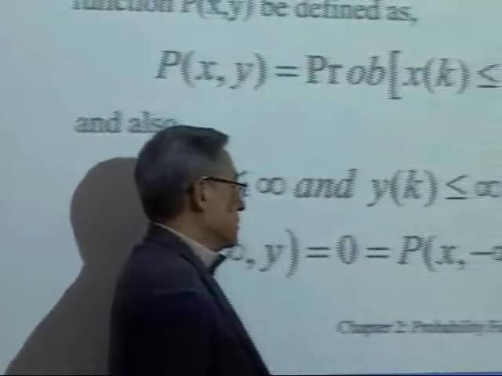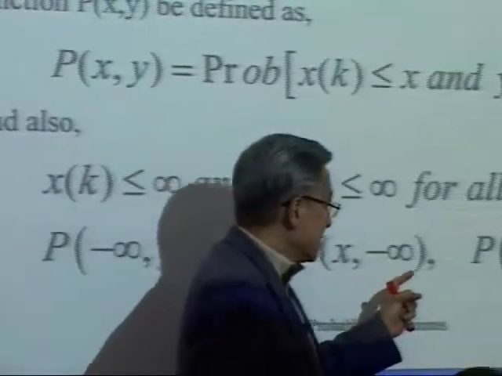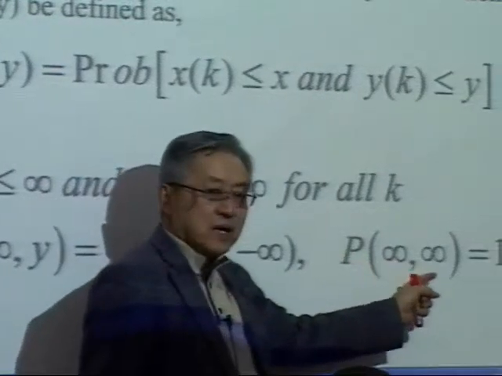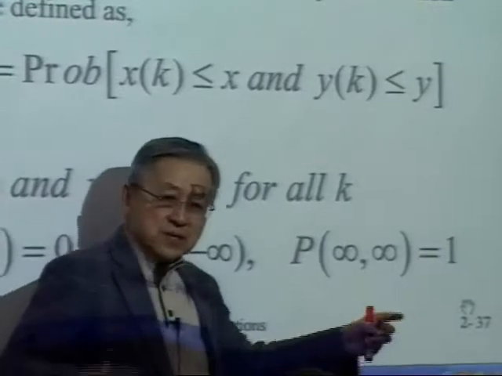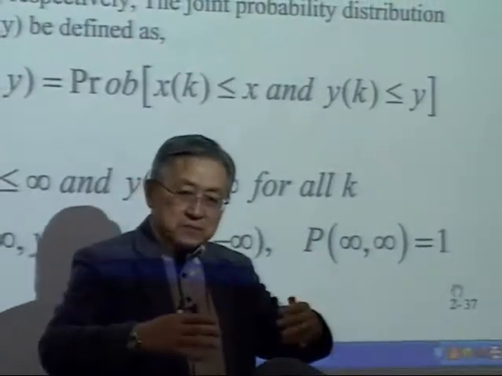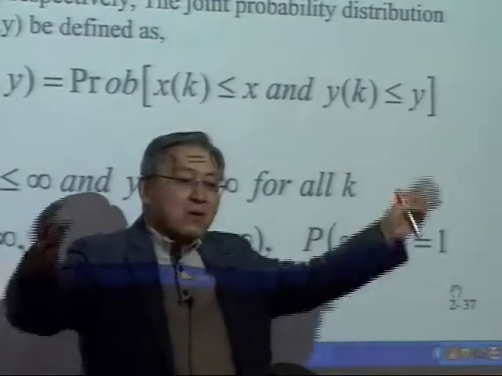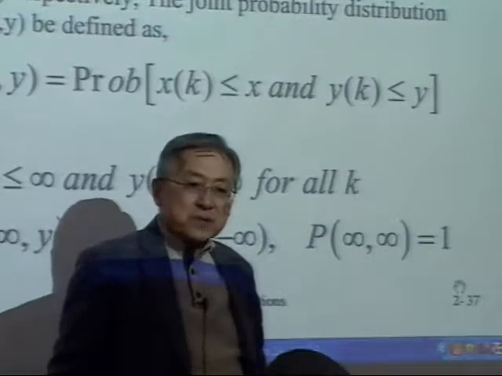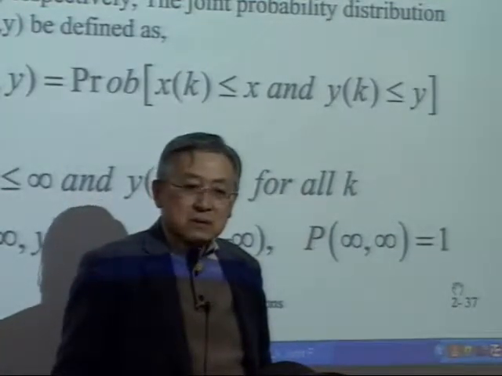That's why this or this is equal to 0. However, if x and y go to infinity, then it keeps adding the volume, and as it goes to infinity, the whole volume of the probability distribution function will be 1.